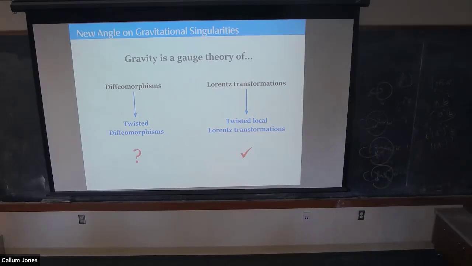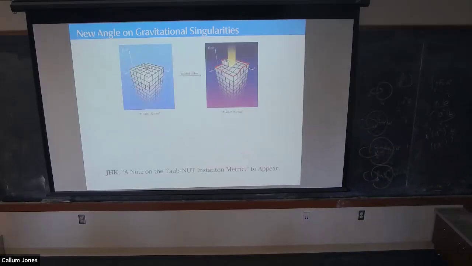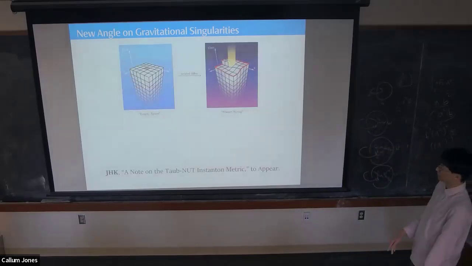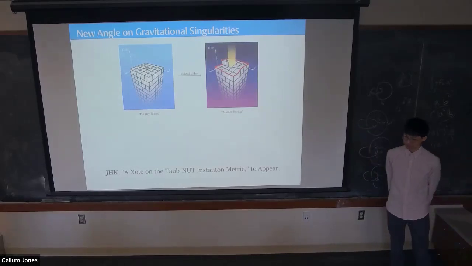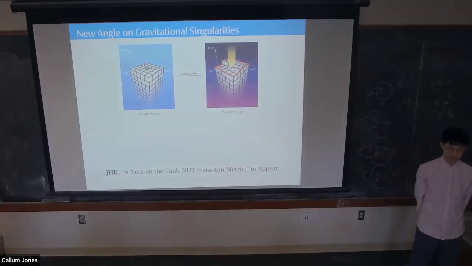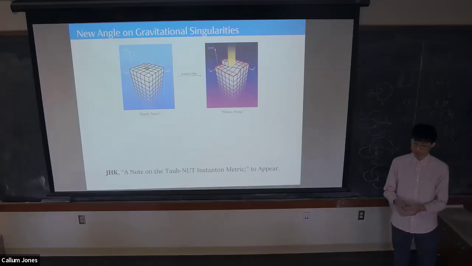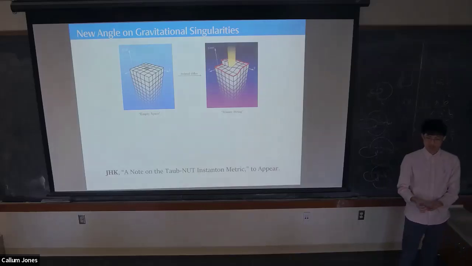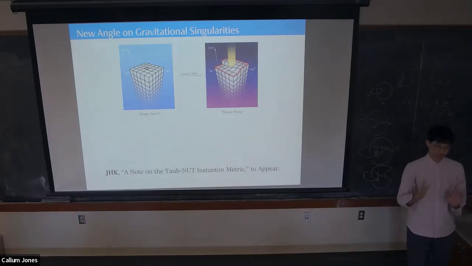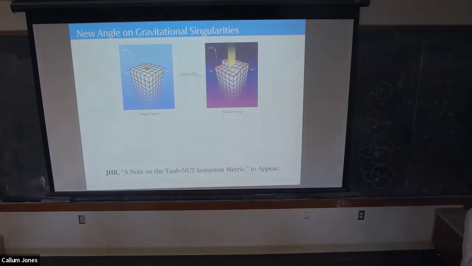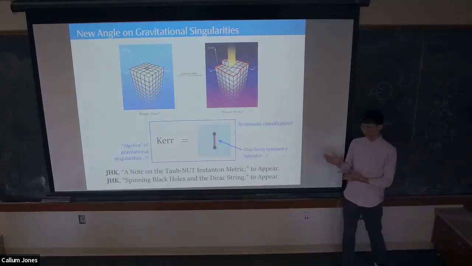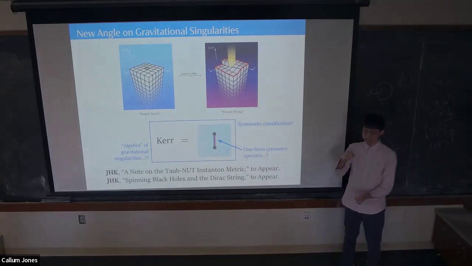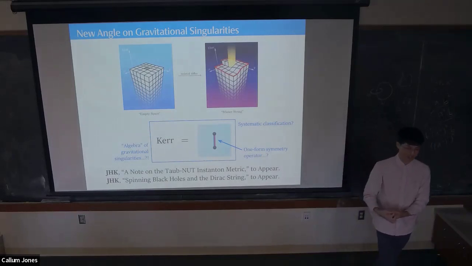So what happens in this case? If we perform diffeomorphisms and then twisted diffeomorphisms, it turns out that it precisely generates the so-called Misner string, which is the Dirac string defect for the Taub-NUT solution, identified as the gravitational magnetic monopole. And interestingly, I recently showed that the Kerr solution transforms to a very interesting configuration, which is two masses connected by a Dirac string.